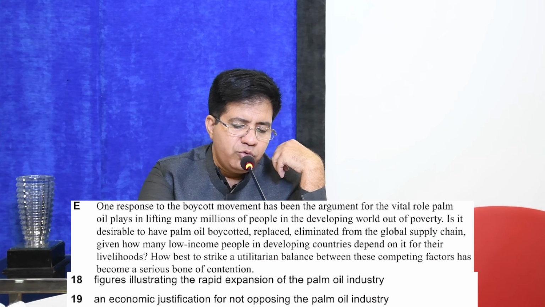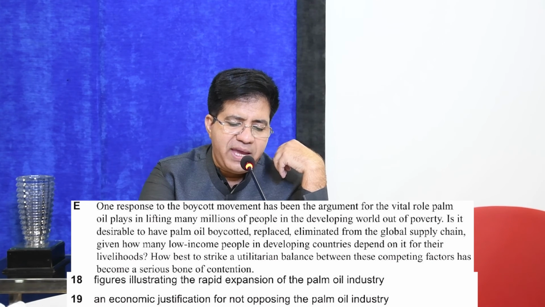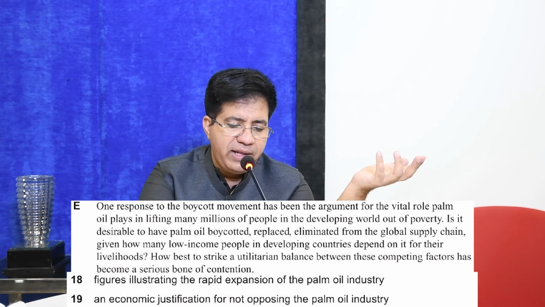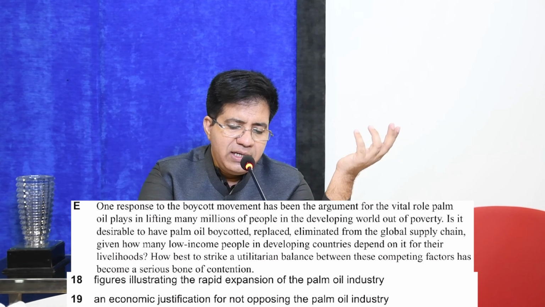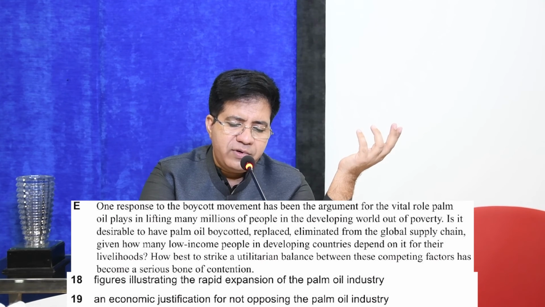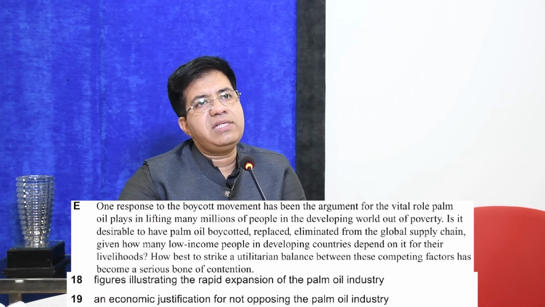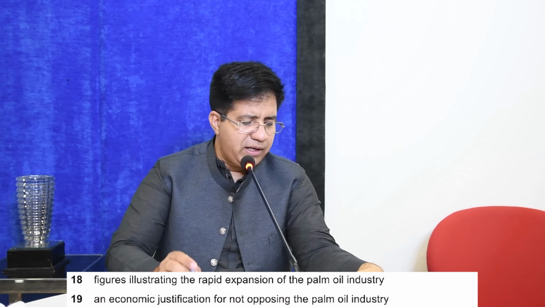One response to the boycott movement has been, boycott movement has been, means not opposing the palm oil industry. And what is that? In the developing world, it takes people out of poverty. So question number 19, the answer is E. Just underline it and go back home, read it again, and you'll find it. Do it individually as well.